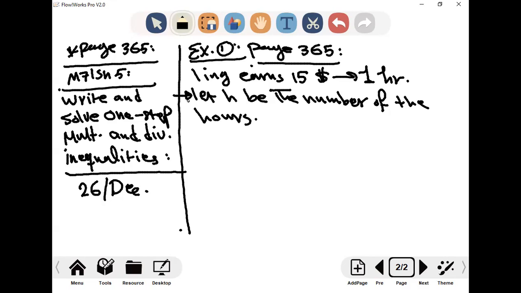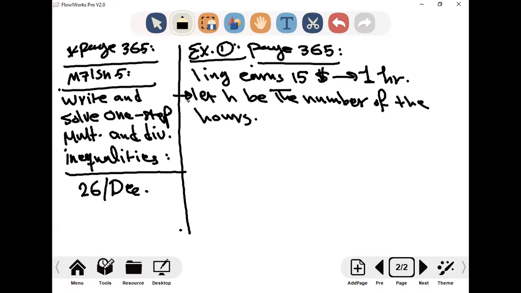If she worked 5 hours, how much money will she take? 5 multiplied by 15, because each hour is 15. 5 hours, 5 multiply 15. Right? 7 hours, 7 multiply 15. 10 hours, 10 multiply 15.